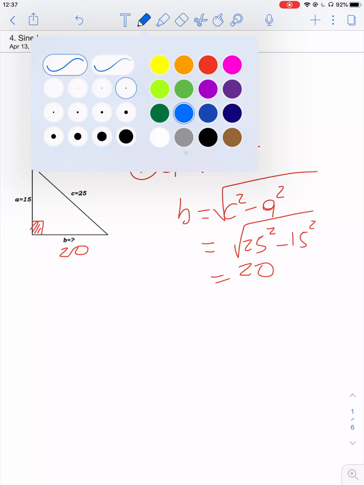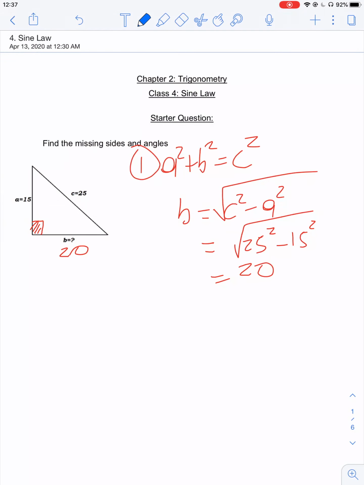The second thing that should come to mind is SOHCAHTOA, okay? Now, what I'm going to do is let's actually find this angle, okay? So let's label the angles first of all.